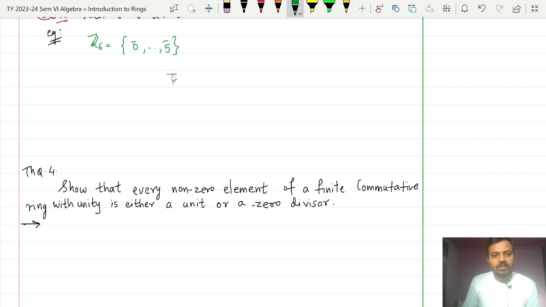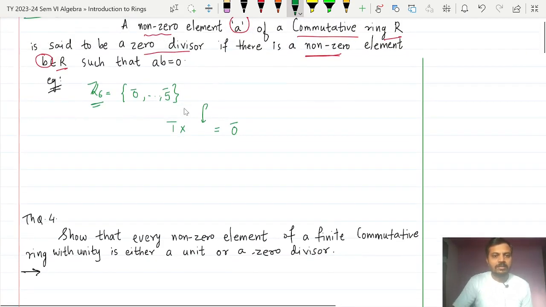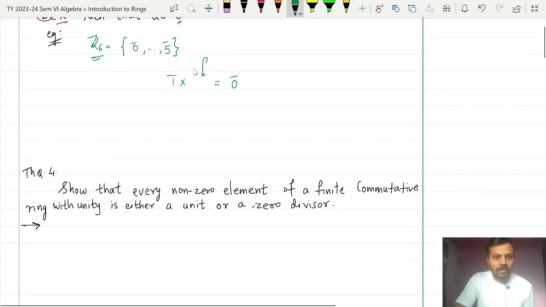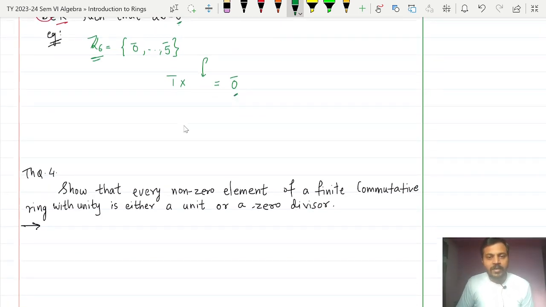So we are checking whether 1 bar is a zero divisor or not. What we want is that the multiplication of 1 bar with some element of Z6 should be equal to 0. Remember, this 0 is actually the additive identity in our ring. So in this case, our additive identity is 0 bar.